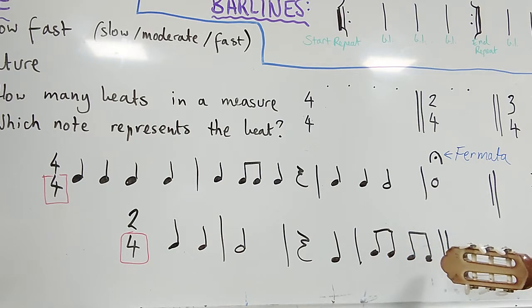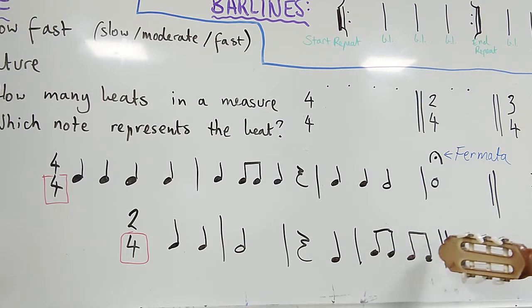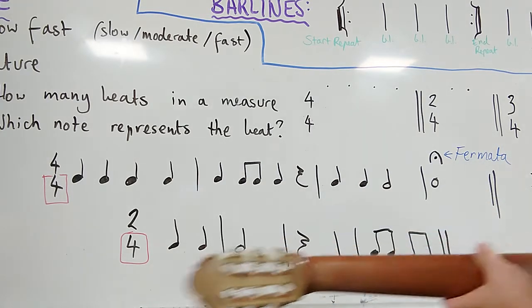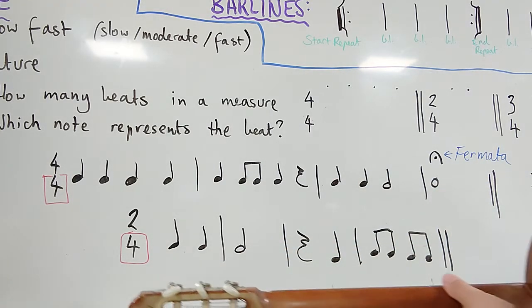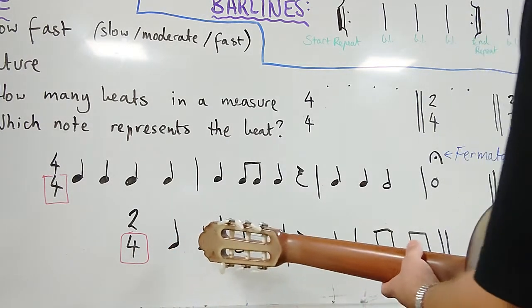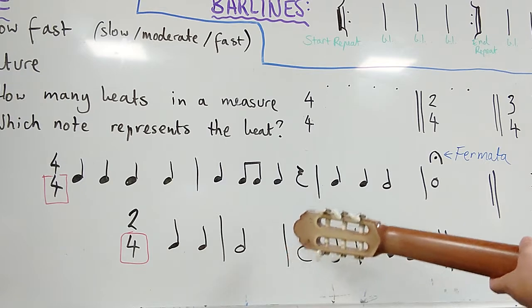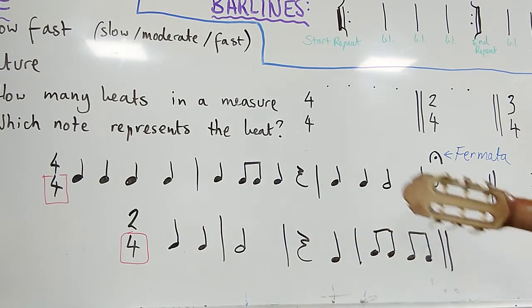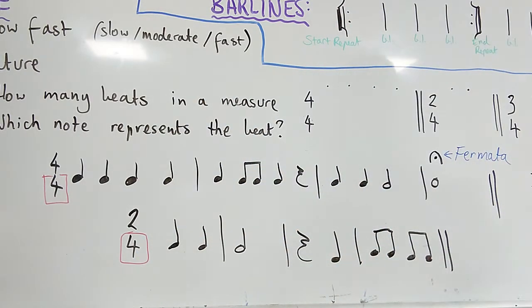Because I've got these 8ths here. 1 and 2 and catch. I've got to stop after that. There's no fermata there for me to say, just play it as long as I like. Let's try that again. 1, 2, 1, 2. 1, 2, 1. Rest. 2, 1 and 2 and. Cool. Hopefully that's easy enough to see.